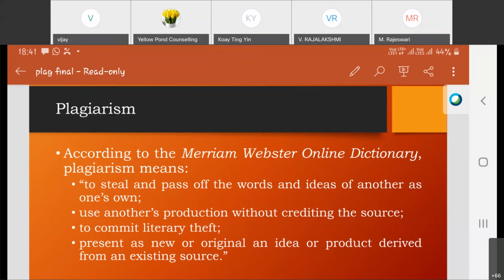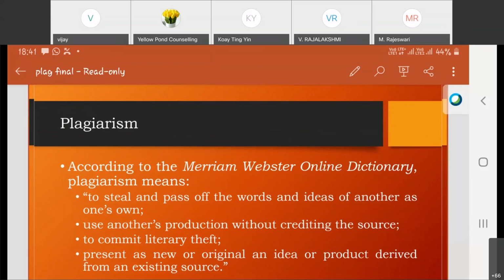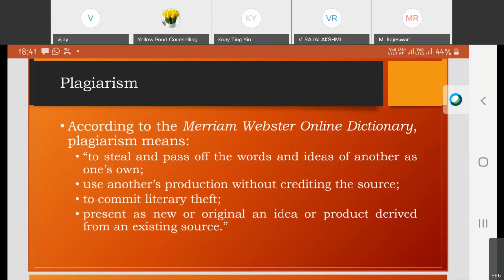Then it may produce certain kinds of negative consequences: loss of author credibility and reputation, and paper retraction. Paper retraction is very serious. The fear should be there among the students as well as researchers. If we have plagiarism in our research papers, why should we go for the next level?